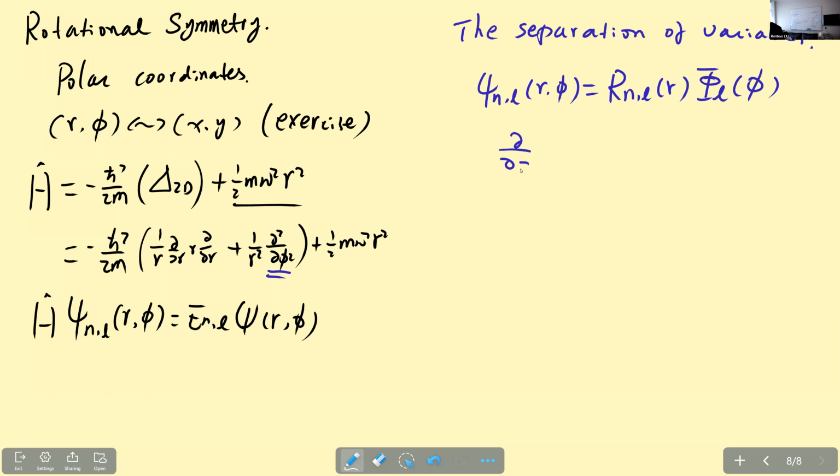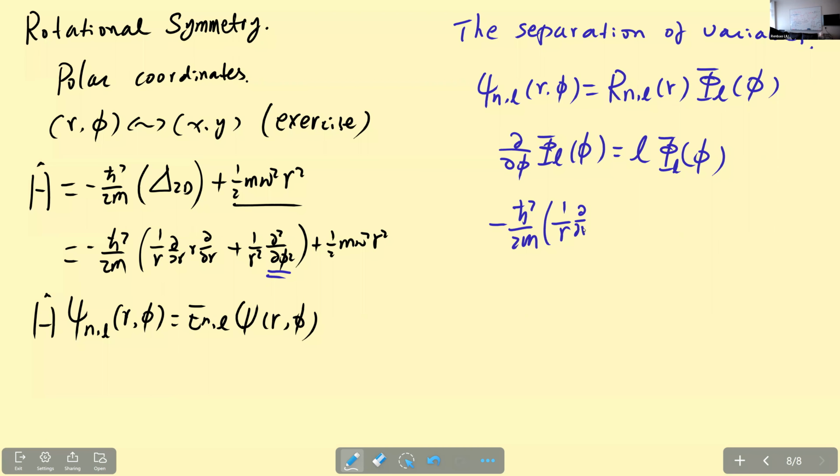The equation for this angular part is just the partial derivative with respect to phi. And then the radial part will be, okay.